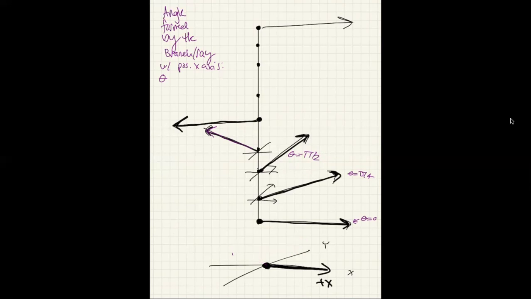So this one gets theta equals 3 pi fourths. And up here, I'm going to write that ray is theta equals pi. You can see how this process will continue as we go up higher.